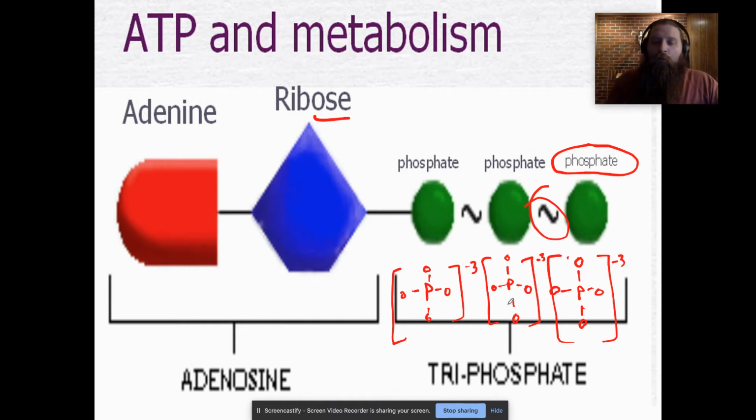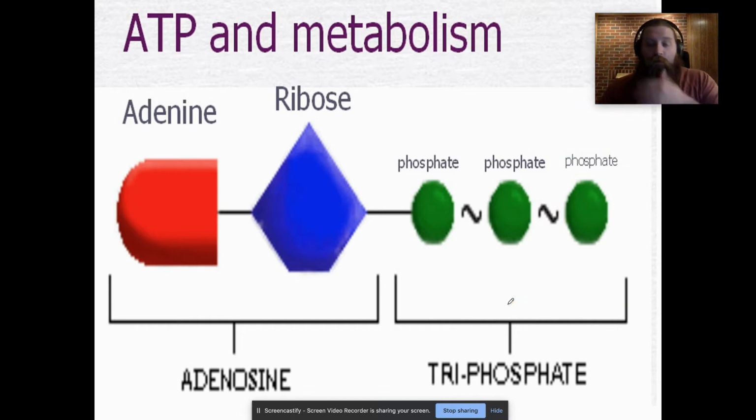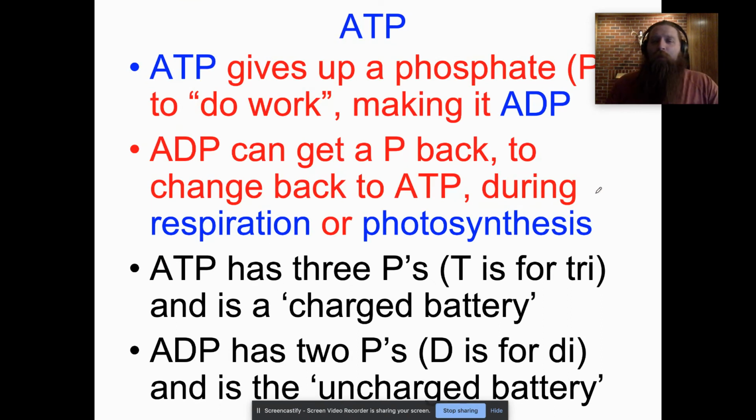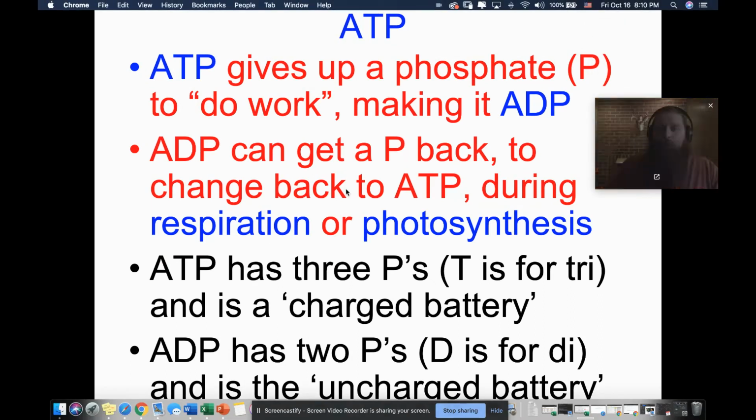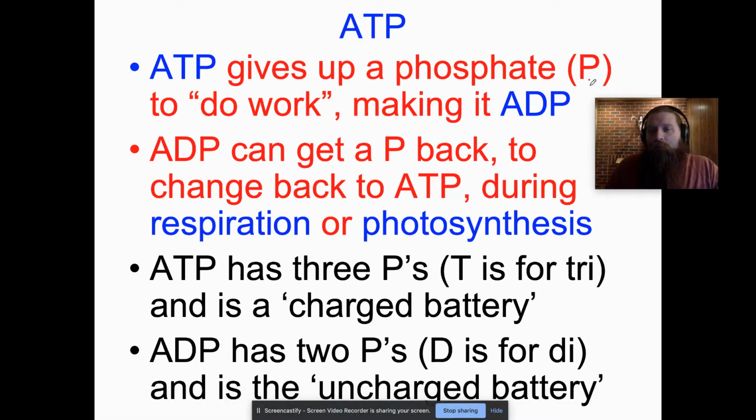And whenever you break or make chemical bonds, you're either storing or releasing energy. So by having that third unstable phosphate on there, this molecule is primed to release that last phosphate and allow you to get some of that energy back. Now, ATP gives up that last phosphate, sometimes called P, sometimes called Pi, to do work.